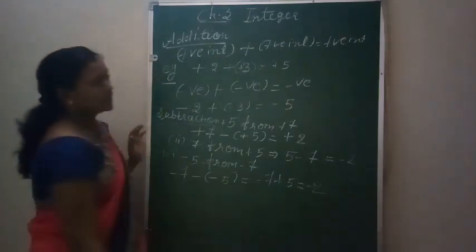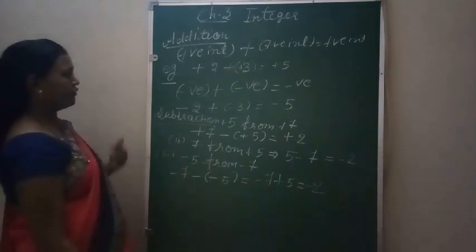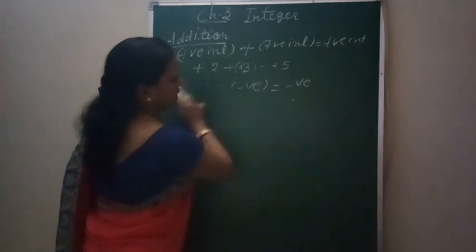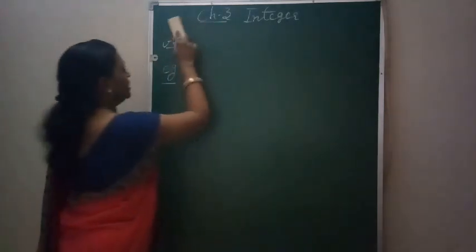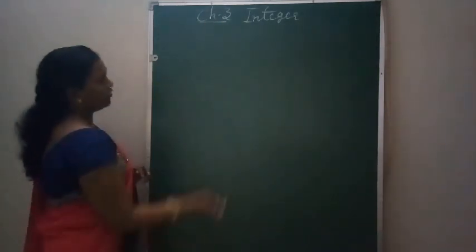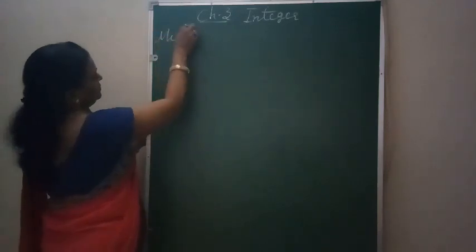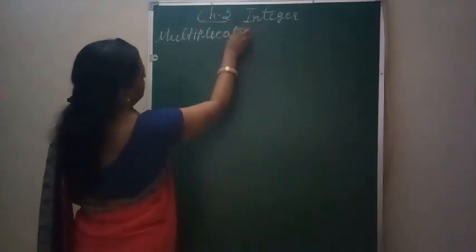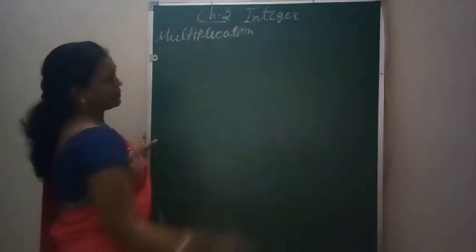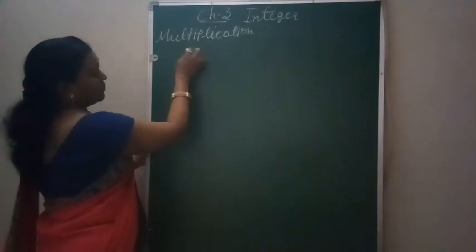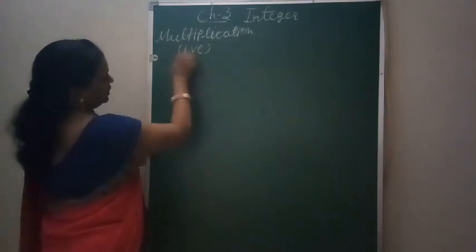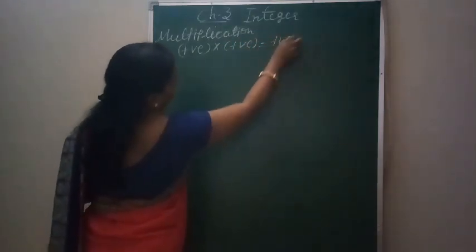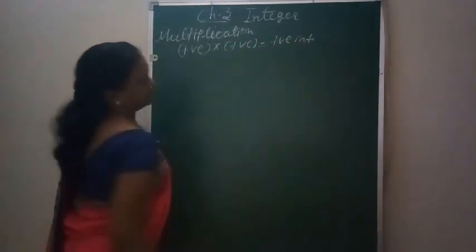Now we will discuss the multiplication of integers and then the division of integers. When we talk about multiplication of two positive integers, your answer is a positive integer.